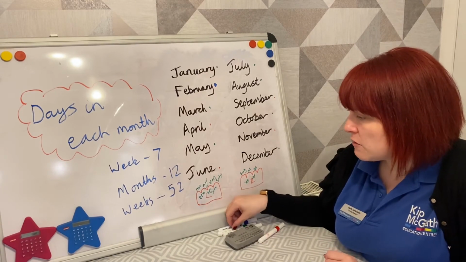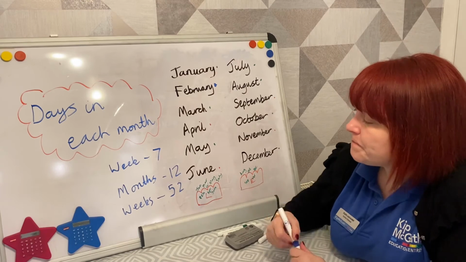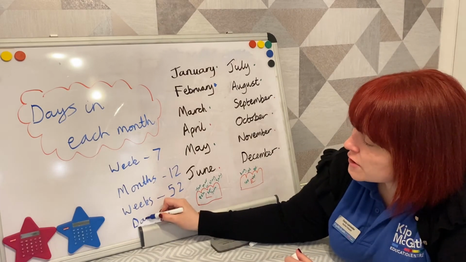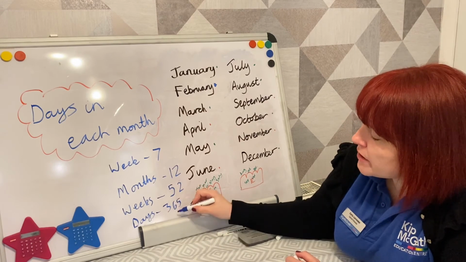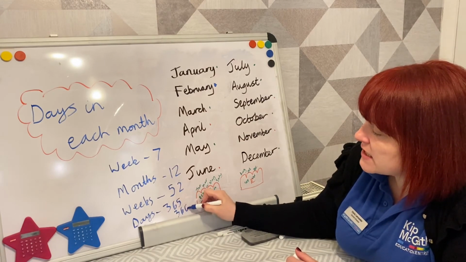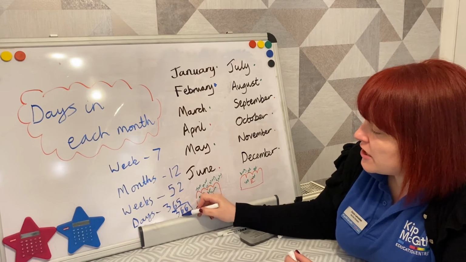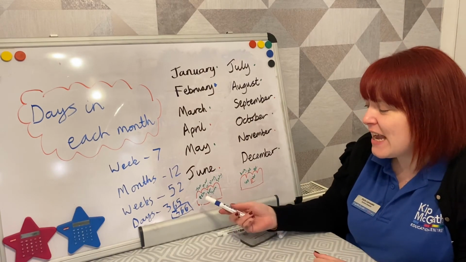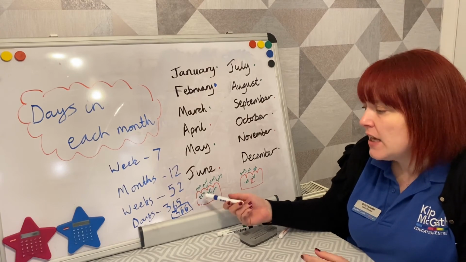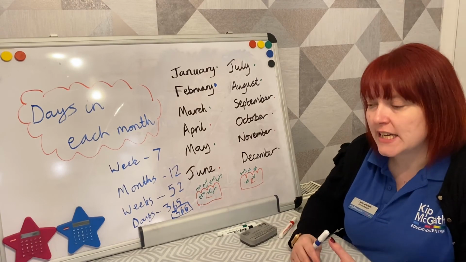Okay, and the last one is the number of days in the year. And that is 365 normally, but in a leap year, it's 366. And the extra fact that you can talk to them about the leap year is that actually every year isn't 365, it's 365 and a quarter days.